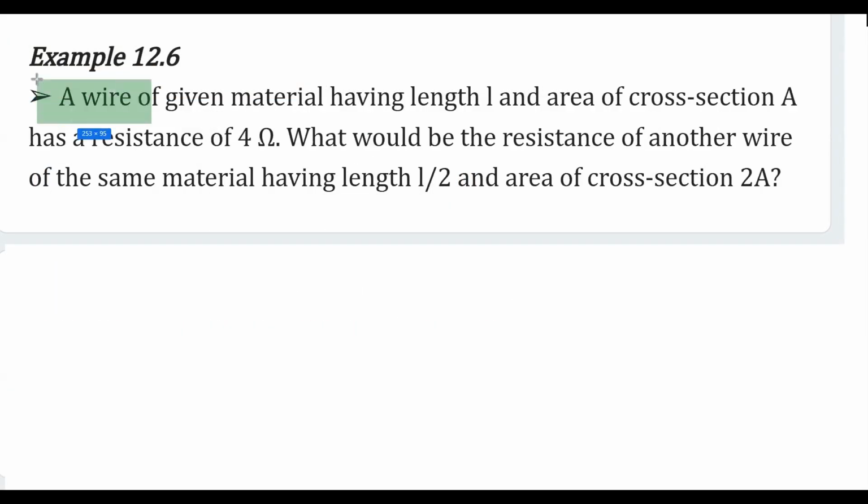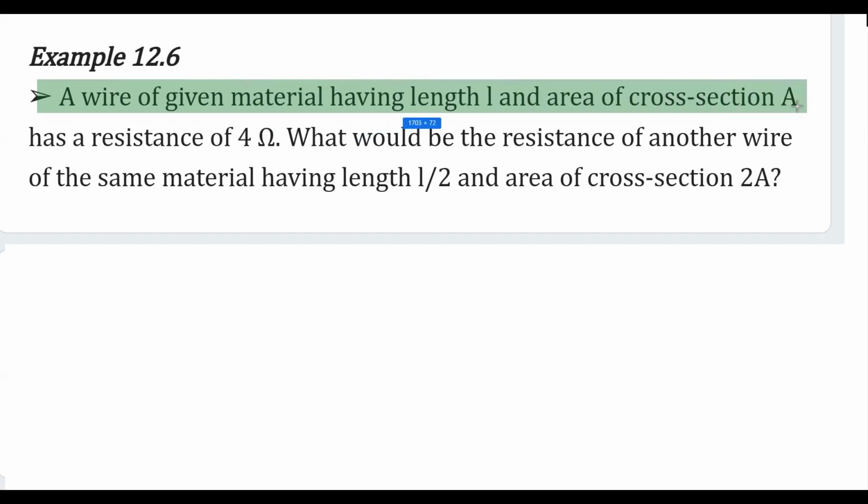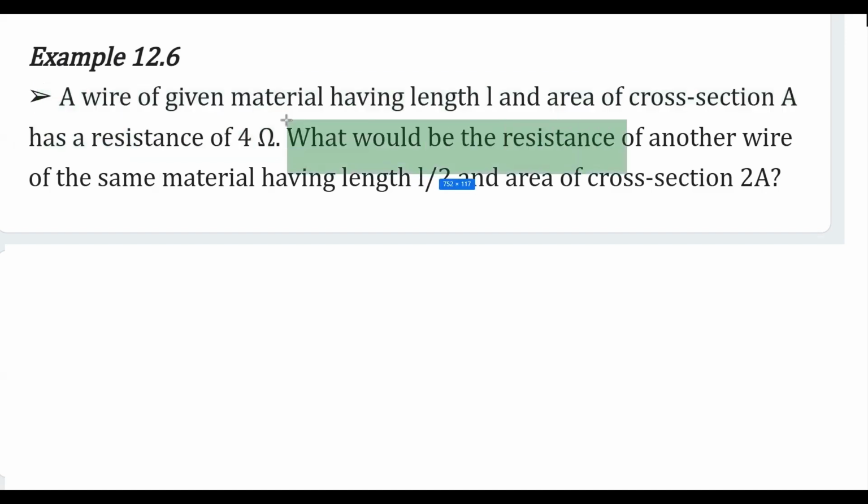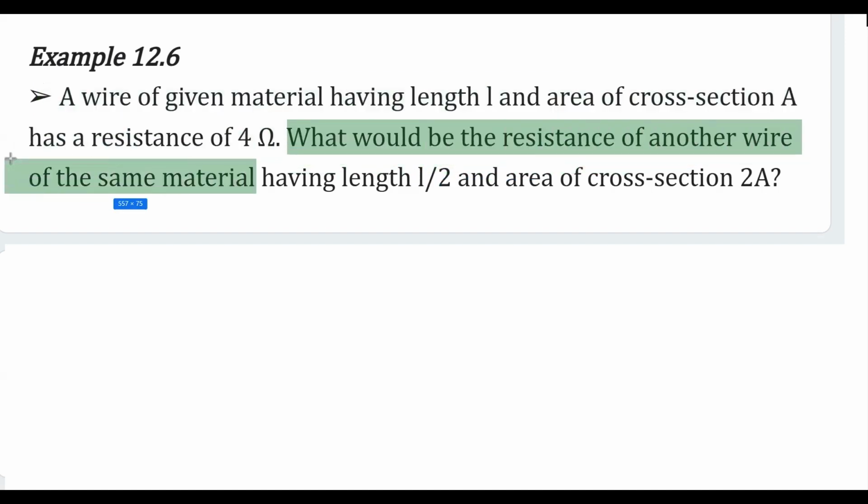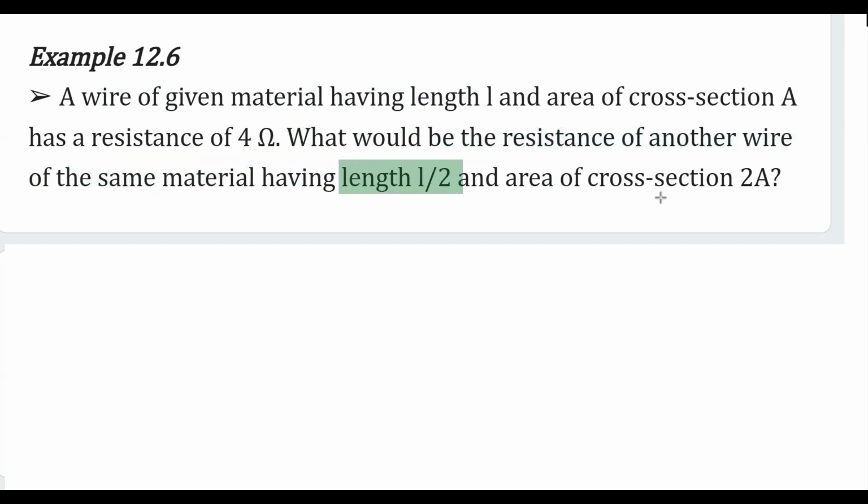The question says a wire of given material having length L and area of cross section A has the resistance 4 ohm. What would be the resistance of a wire of the same material with length L by 2 and the cross section area 2A?